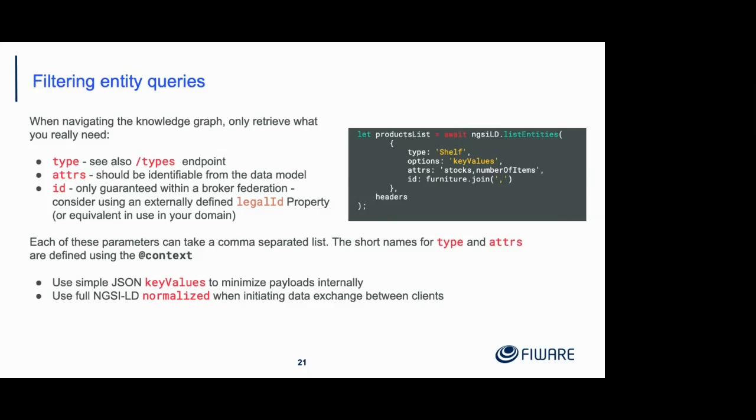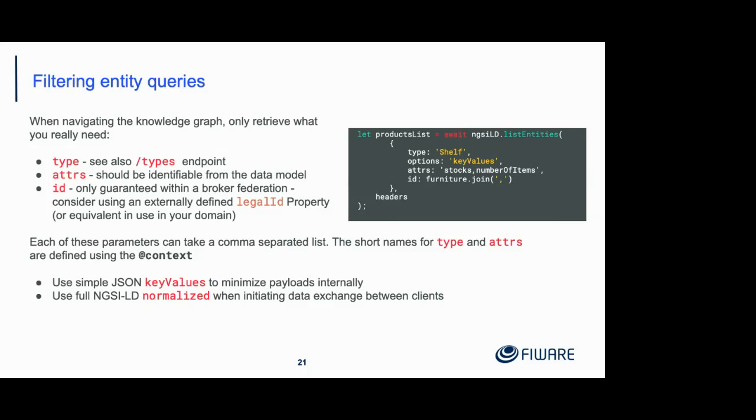Obviously, type in list entities is a comma separated list. So obviously, rather than get all my buildings or people or what have you, I've got type shelf. It could be small shelf, comma, big shelf, comma, whatever other things there are.